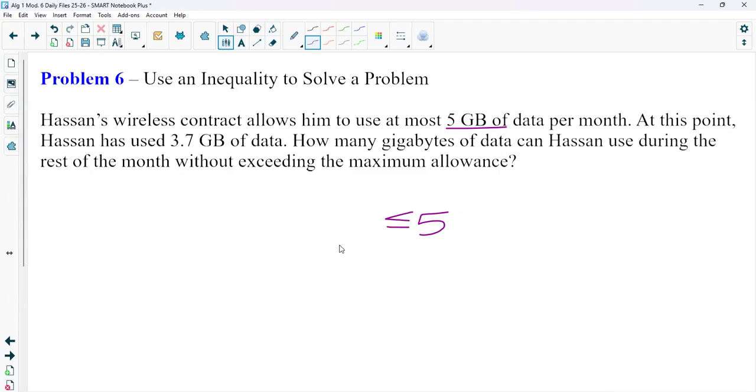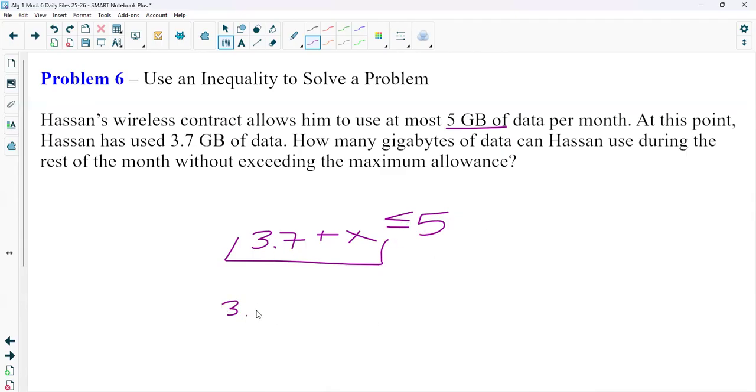So this other stuff here on the left is going to have to be less than or at most 5. We know that they've used 3.7 gigs already. So we have to identify how many more gigabytes we can use. If we have 3.7, we want to add the unknown amount, and we are saying that this combined has to be less than or equal to 5.